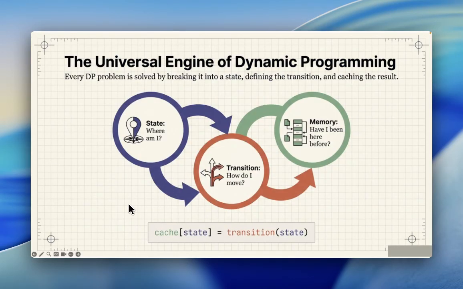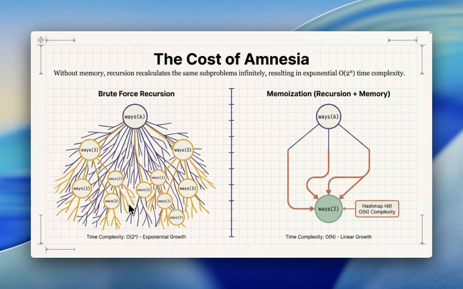Okay, so what is the universal engine of dynamic programming? Every DP problem is solved by breaking into a state, defining the transition, and caching the result. So: where am I, how do I move, have I been here before? Basically, you define the cache state, and it equals your transition states.